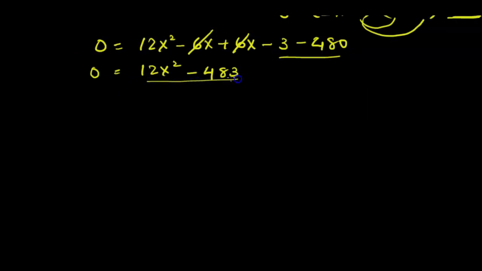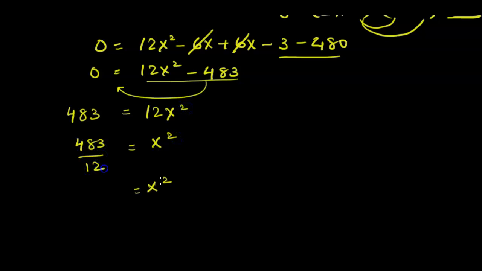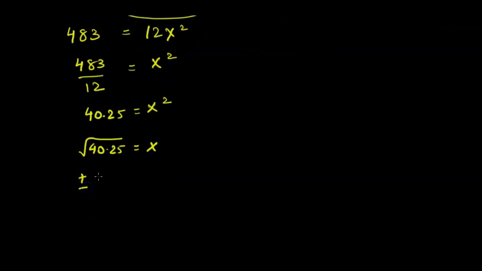Here we notice x is only at one spot, so it's easier for us to solve for x just by isolating it. Then we move this to this side. So 0 plus 483 is 483 equal to 12x squared. x squared is equal to 483 divided by 12, and that gives us 40.25. Then we move the square to the other side, we get the square root of 40.25, and that is equal to plus or minus 6.34.